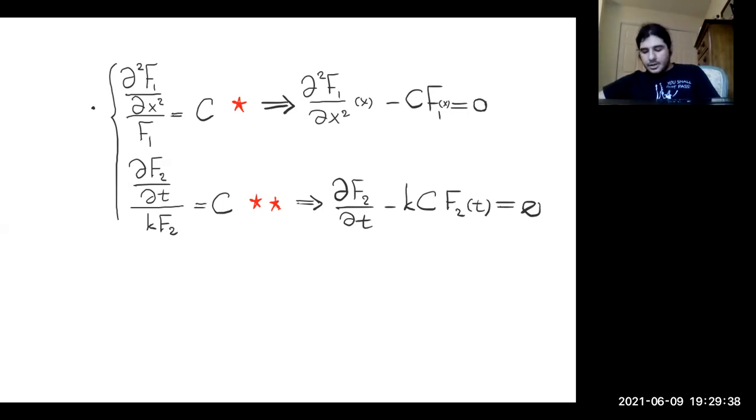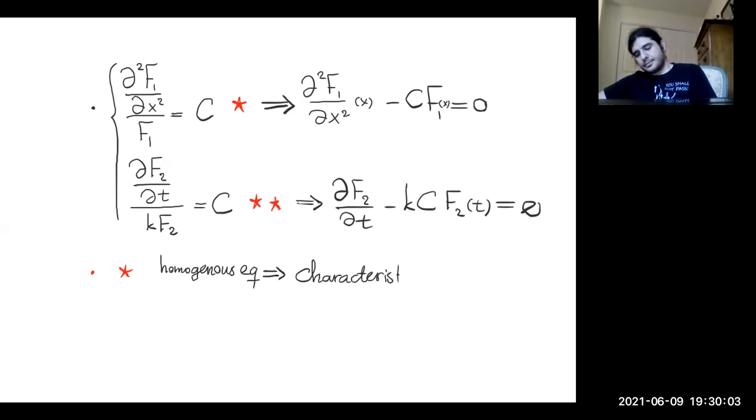Okay, let's start to solve the first one. This is a second-degree linear homogeneous equation. So we have a homogeneous equation. We would look at the characteristic polynomial in this case. What is that?